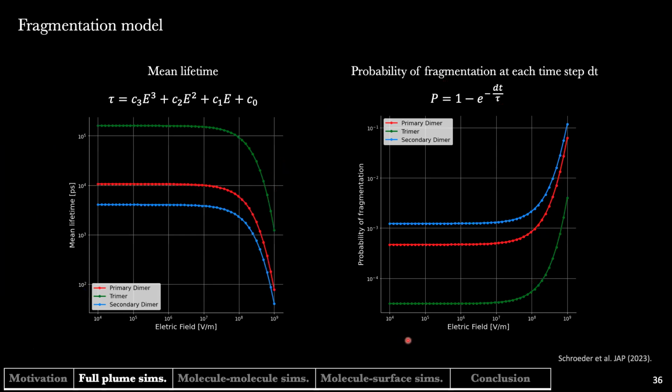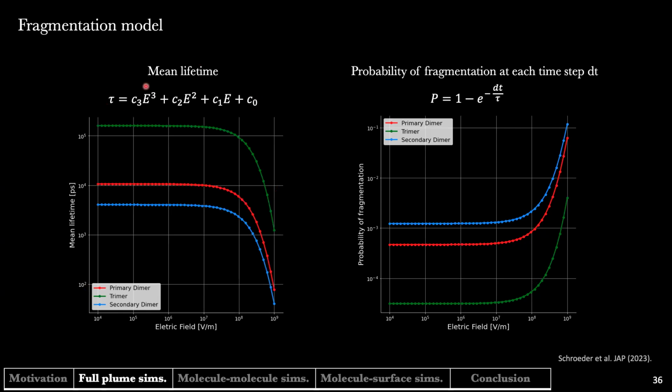And then we have a fragmentation model provided by Schroeder et al. And this paper gives the probability of fragmentation at each time step dt as an exponential decay that is given by this equation here, where dt is the time step and tau is the mean lifetime.